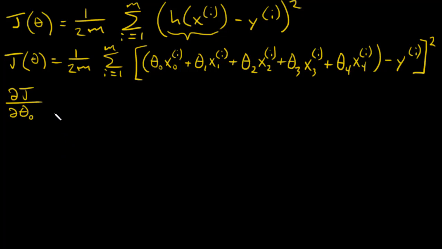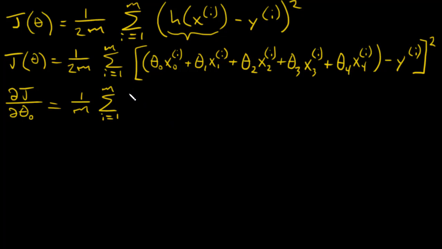We're going to have the 2 come down and cancel this 2. So we're going to wind up with 1 over m, summation i from 1 to m of, the only thing that survives, well, first off, I'll do it all the way out first before I get to that.